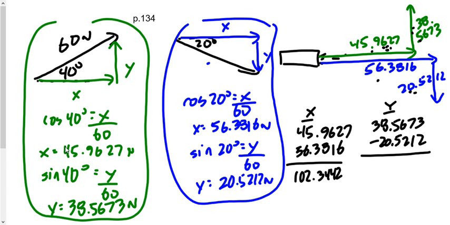And then on the other one we got 38.56 plus negative 20 gives me 18.0460. And now what? Well, 102 plus 18 is 118. Is that right? Is that right? No, it's not. You're right.